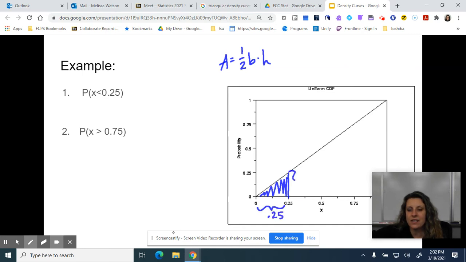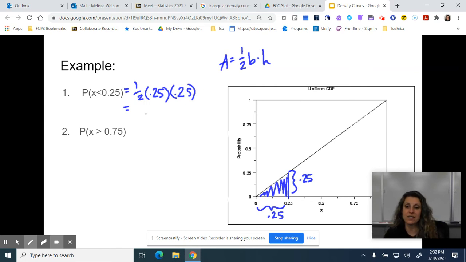The height of my triangle is also 0.25. So if I plug that in, 1/2 times 0.25 times 0.25 is going to give me that probability, which corresponds to the area of that triangle.